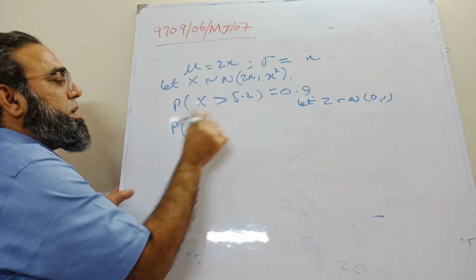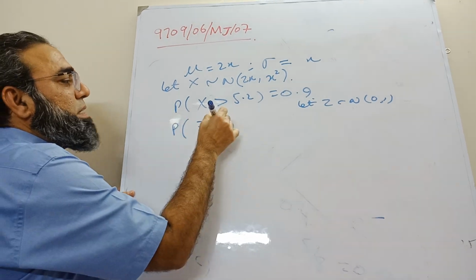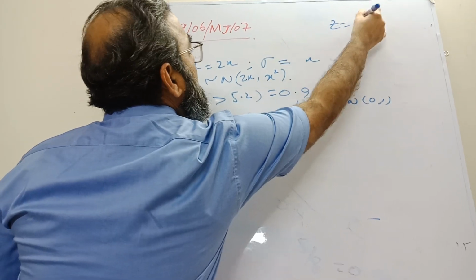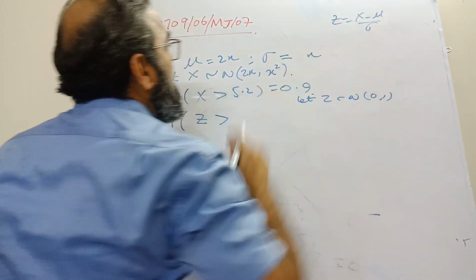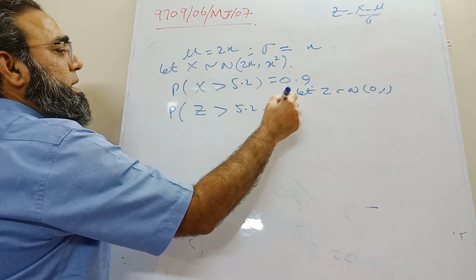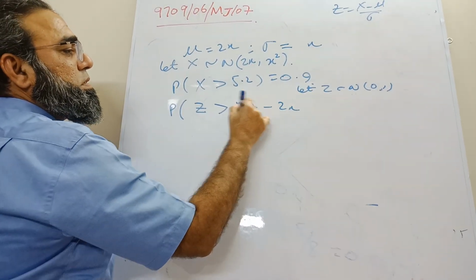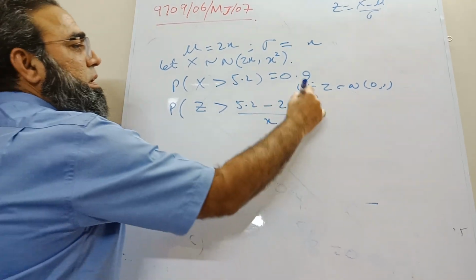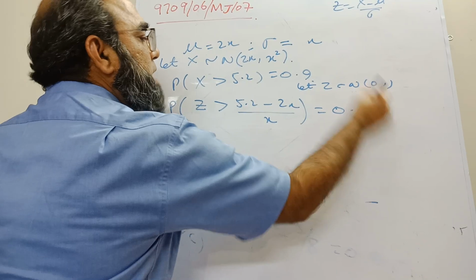Now the probability that z is more than, so I'll be using this formula here. This z is equal to x minus mu over the standard deviation. So this is going to be 5.2 minus the mean, which is 2x, over this x, the standard deviation, that is equal to 0.9.